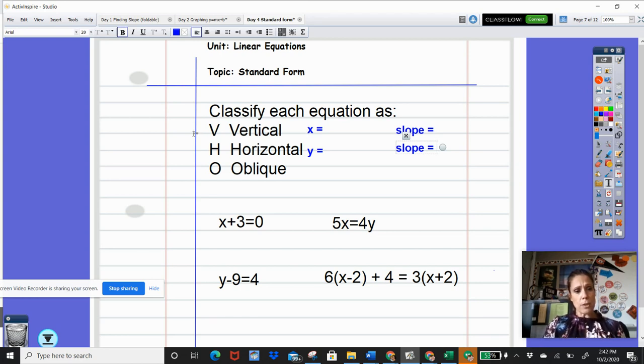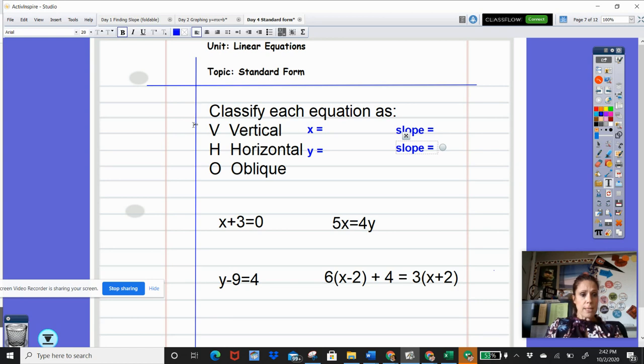Remember that all vertical lines, and this right here is actually a vertical line, have an equation that is always an x equals equation, and there's no y in there. A horizontal line, like this one, is always a y equals, and it doesn't have any x's in it. It doesn't intersect; it's actually parallel with the x-axis, just like this one's parallel with the y.